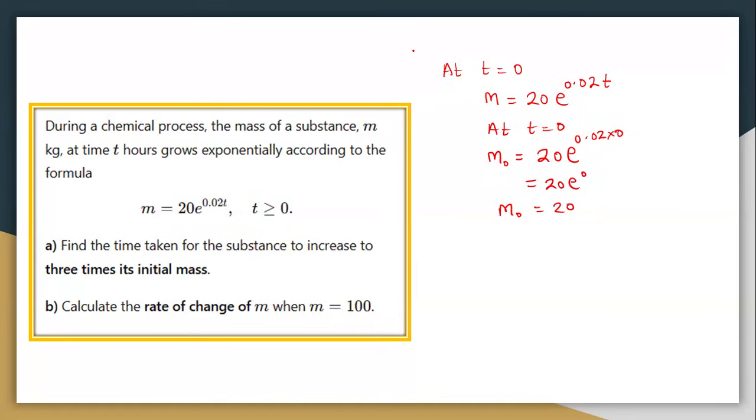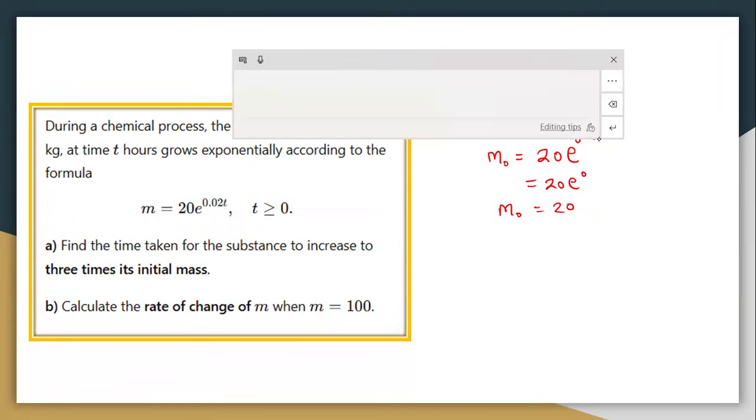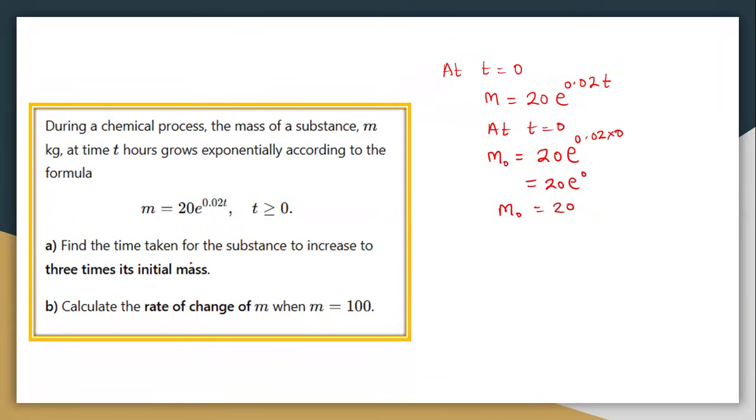Now, after getting that initial mass, the next part you have to find is, they have asked you, at what time will this mass have increased to 3 times? So the increase of 3 times. Members, what mass shall we have at that point?